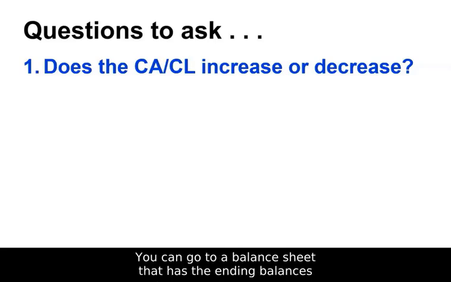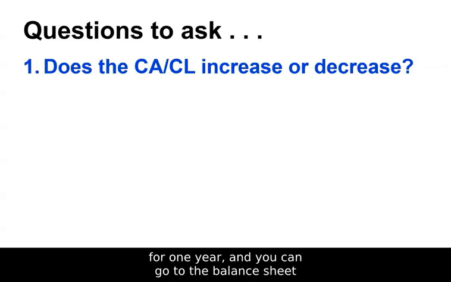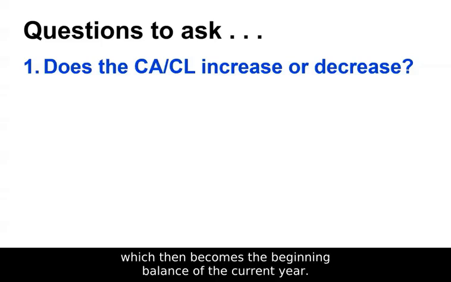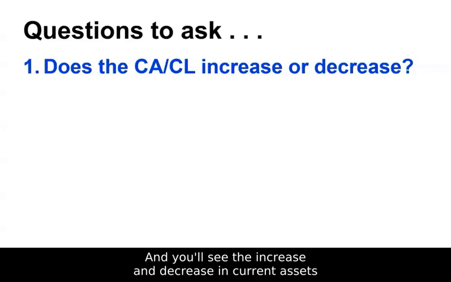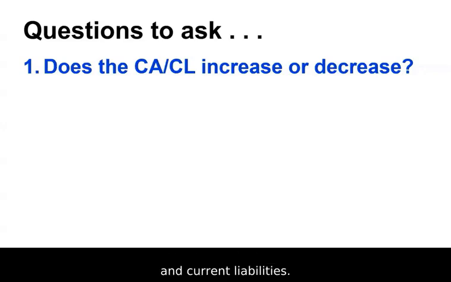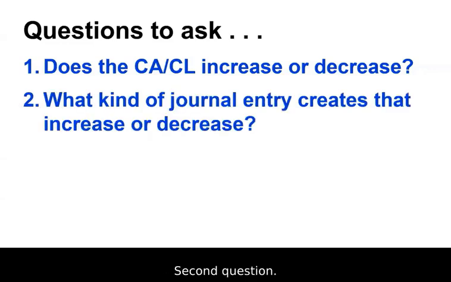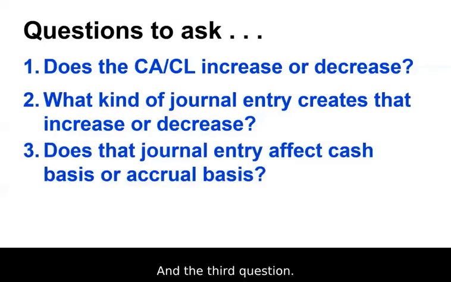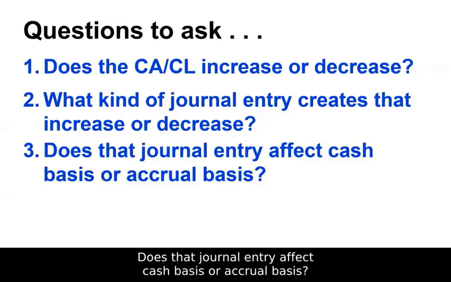You can go to a balance sheet that has the ending balances for one year, and you can go to the balance sheet for the previous year to see those ending balances, which then become the beginning balance of the current year. And you'll see the increase and decrease in current assets and current liabilities. Second question, what kind of journal entry creates that increase or decrease? And the third question, does that journal entry affect cash basis or accrual basis?